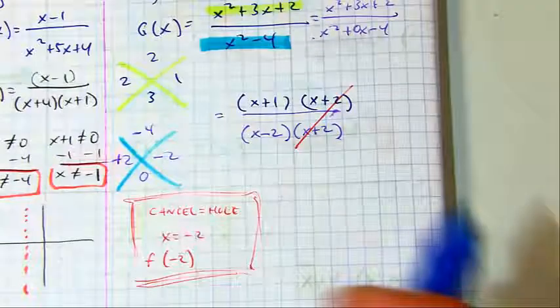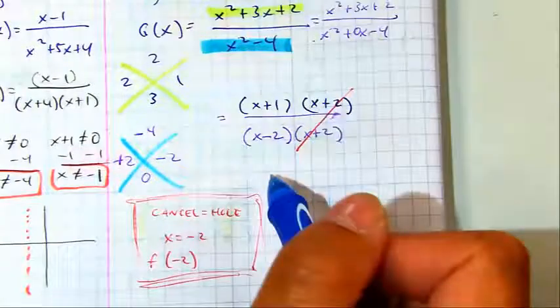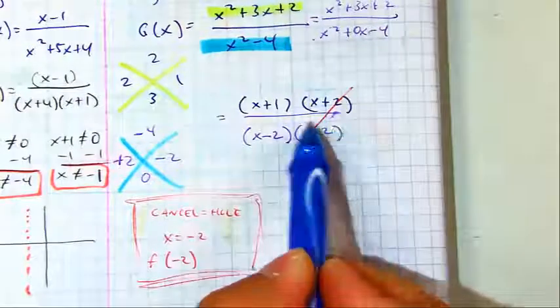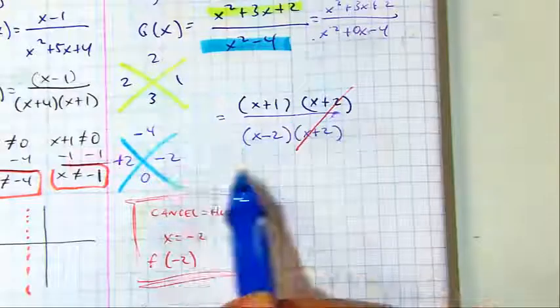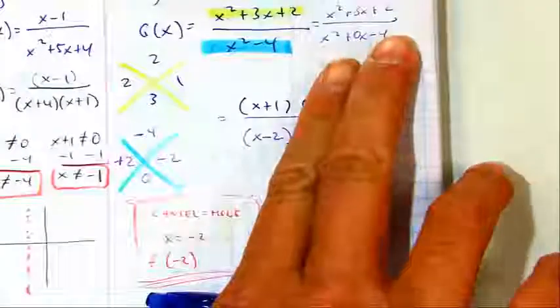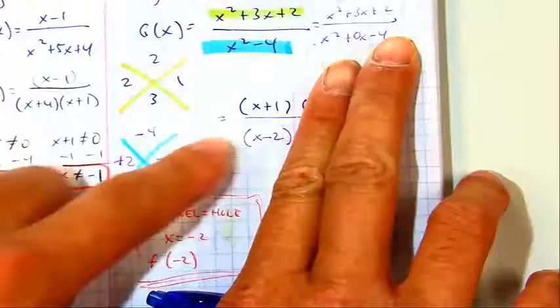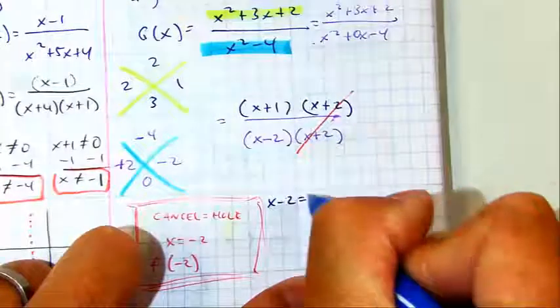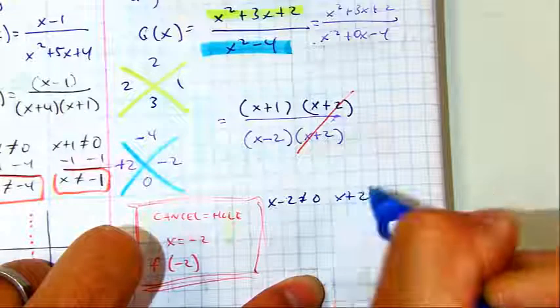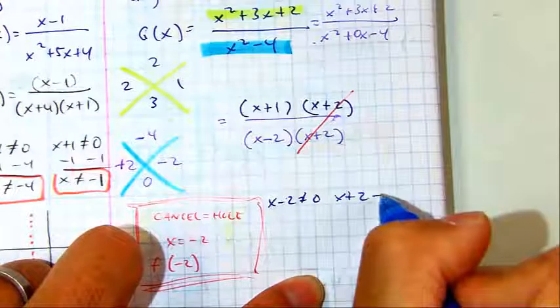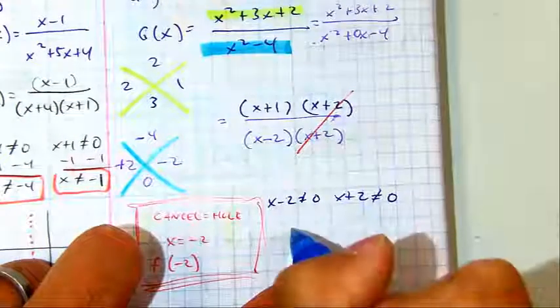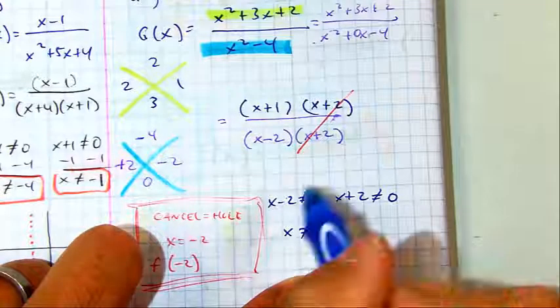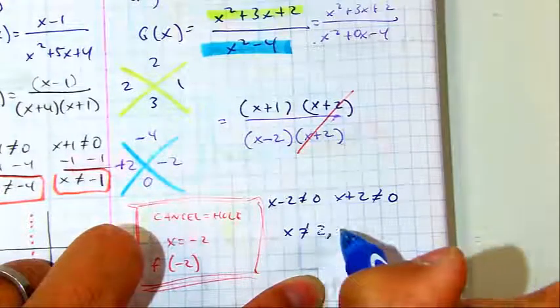Just because you're like, oh, Mr. Yang, I see it, I want to cancel stuff, right? You still have these two right here. So don't just set your denominator not equal to 0 at only one place. It's two places. How many places, class? 2. Someone's going to fall in the hole. X equals what? 2 and -2.